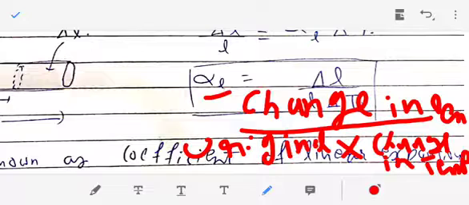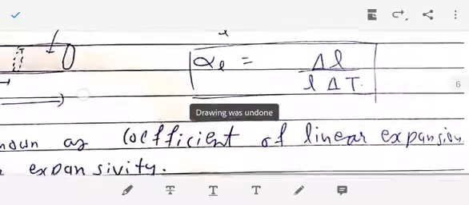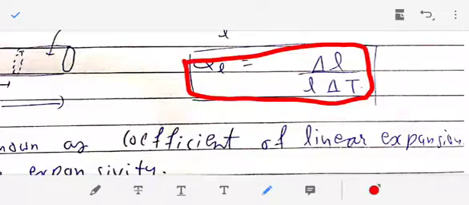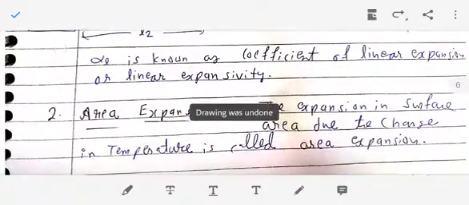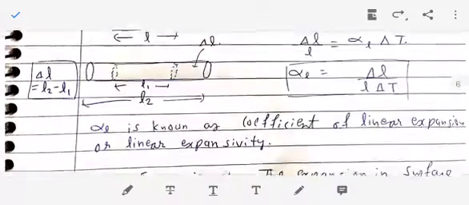This is the coefficient of linear expansion alpha L: change in length, delta L, divided by original length, L, multiplied by change in temperature, delta T. We can also call it linear expansivity. It is denoted by alpha L. This was linear expansion.